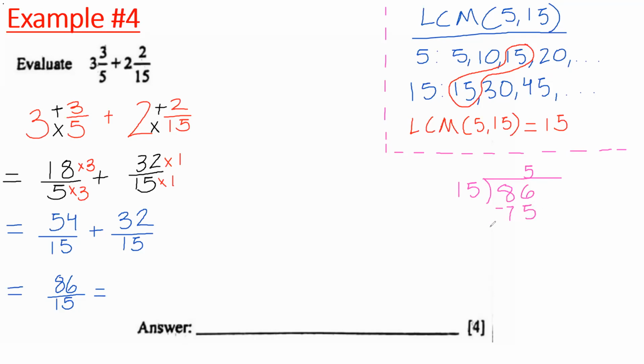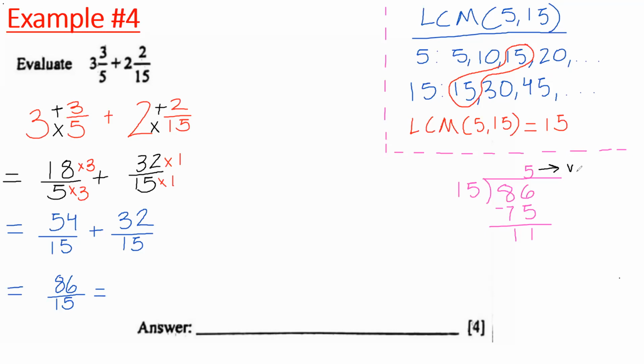And so we have 86 minus 75. 6 minus 5 is what? 1. And then 8 minus 7 is what? 1. So that means that the whole number is going to be what? 5.